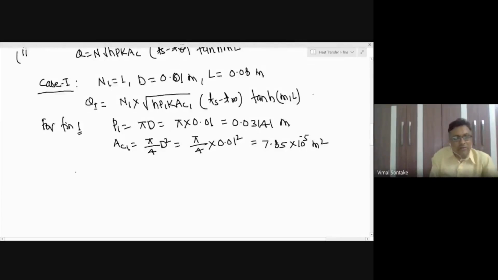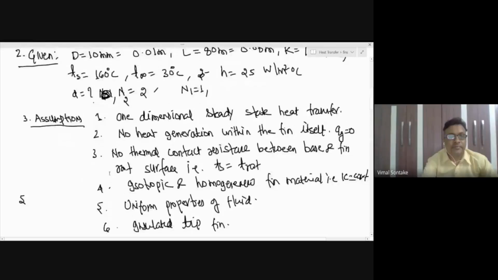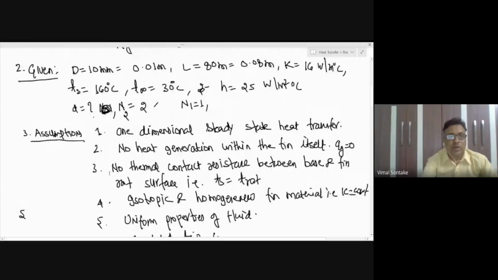And what will be m1? m1 is square root of h P1 by k Ac1. Thermal conductivity is not going to change. The value of h is 25 and k is 16.